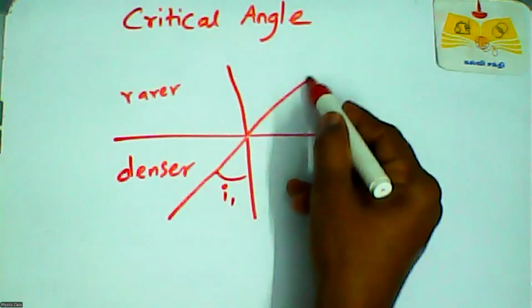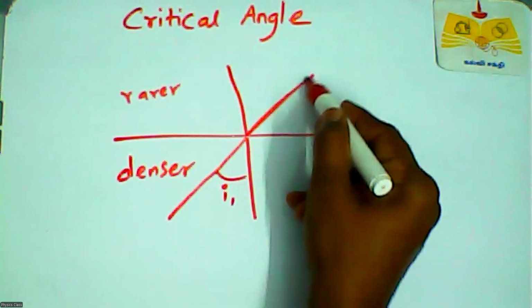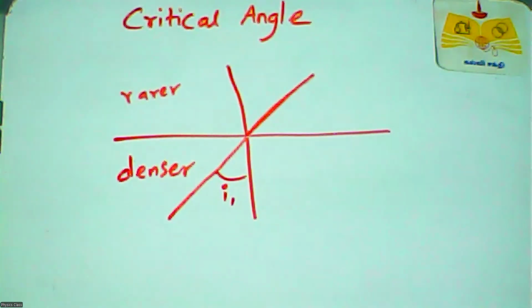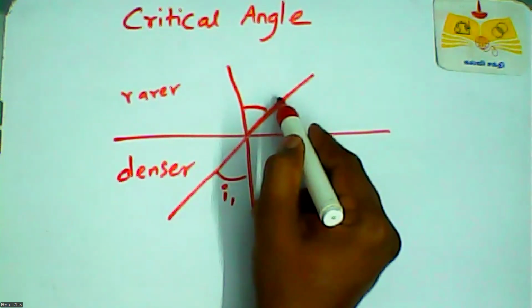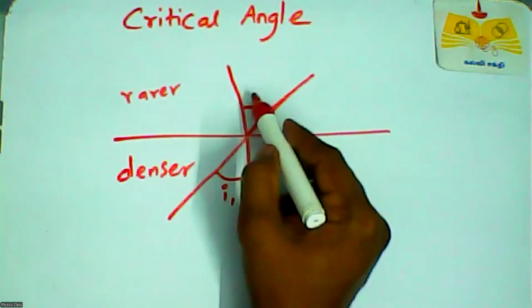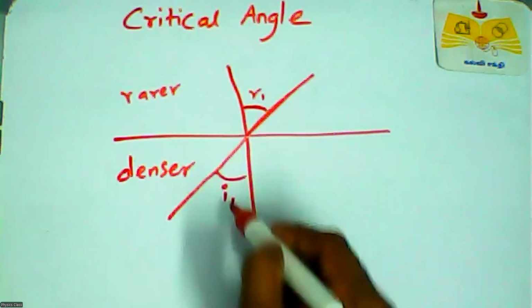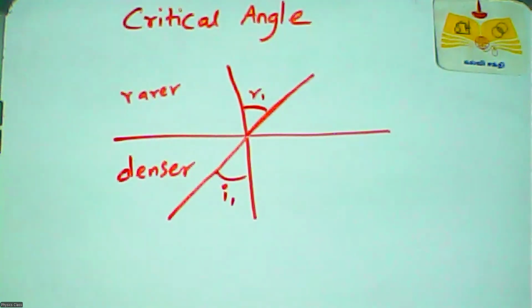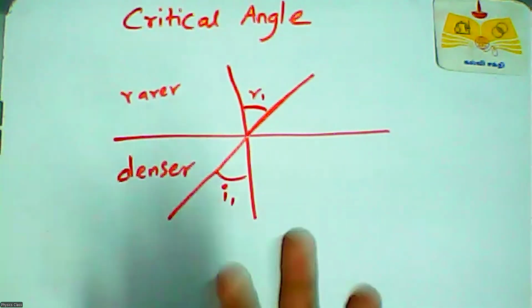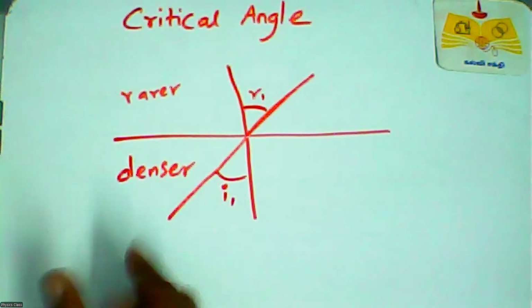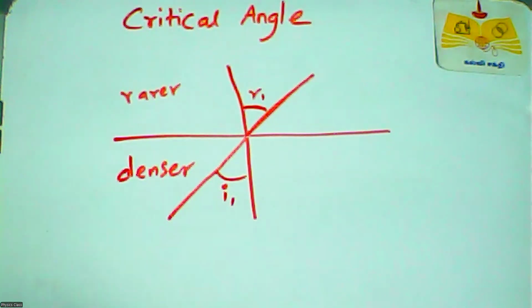This is the refracted ray, and the angle between the normal and the refracted ray is the angle of refraction, R1. This is the denser medium, this is the rarer medium. For the rarer medium you can take air or vacuum; for the denser you can take glass or water.